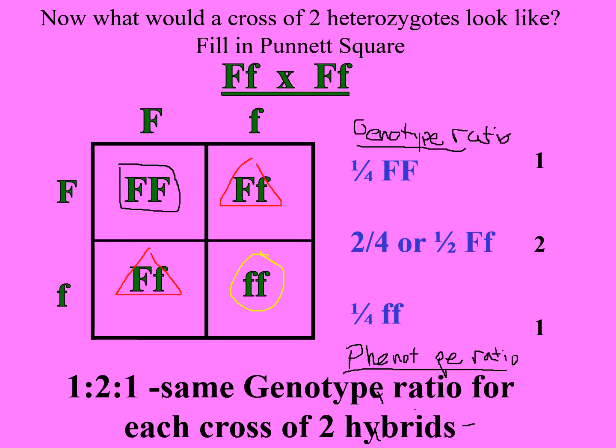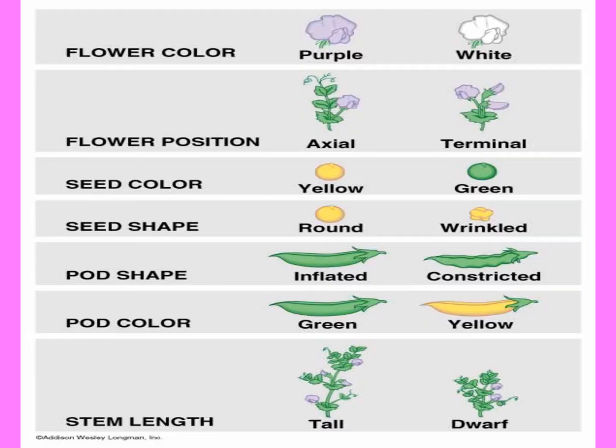When you have two heterozygous individuals, this 1 to 2 to 1 genotype ratio is to be expected. And it'll always also be a 3 to 1 phenotype ratio, 3 being the dominant trait and 1 out of 4 being the recessive trait.